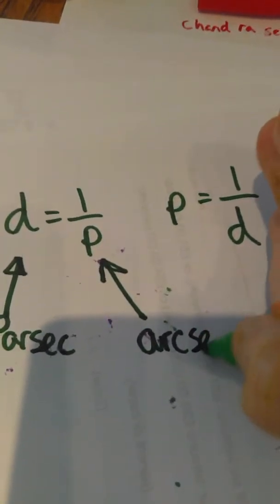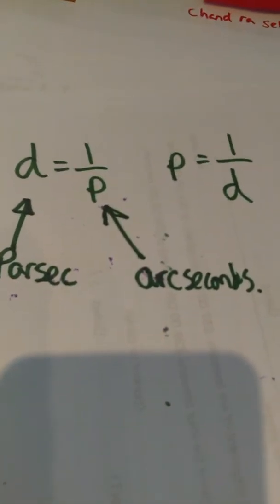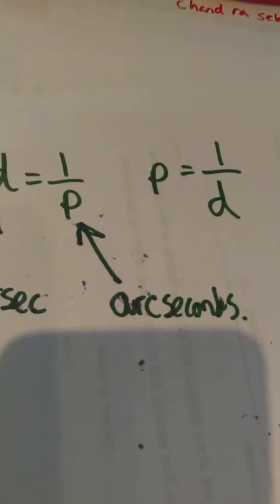And you have to put the parallax in arc seconds. So this is the same equation, but they've done a cheat. They've redefined all the units so that you've got the distance in parsec and the parallax in arc seconds. So we're going to see how we can use that to do a question.